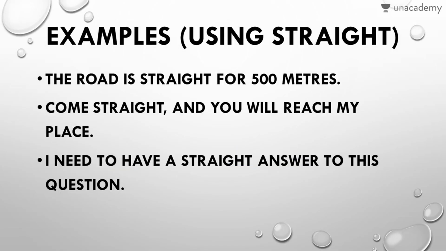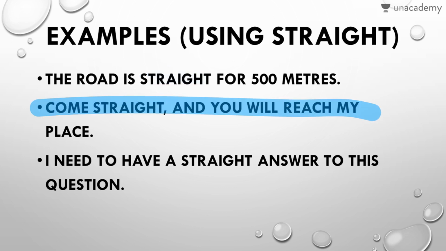Now we'll discuss some examples that are using the word straight, which means something that is free of bends or twists, which is directing towards one single direction. So first is, the road is straight for 500 meters. This means the road does not have any bend or turn for the next 500 meters. Second, come straight and you will reach my place.